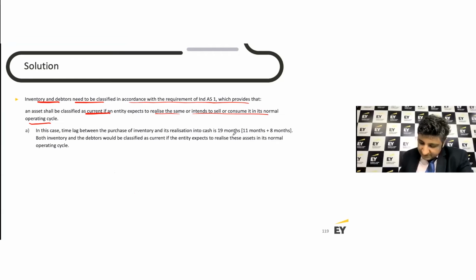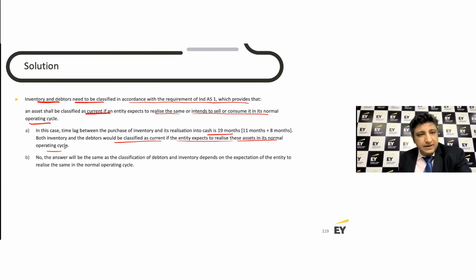In the first scenario, we have the operating cycle of 19 months, as we expect to realize or recover these in the normal course. So that would become a current item. It doesn't really change even if the cycle itself has changed considerably, right? Till the time you're recovering or realizing the money back in the same time frame, nothing really changes there.